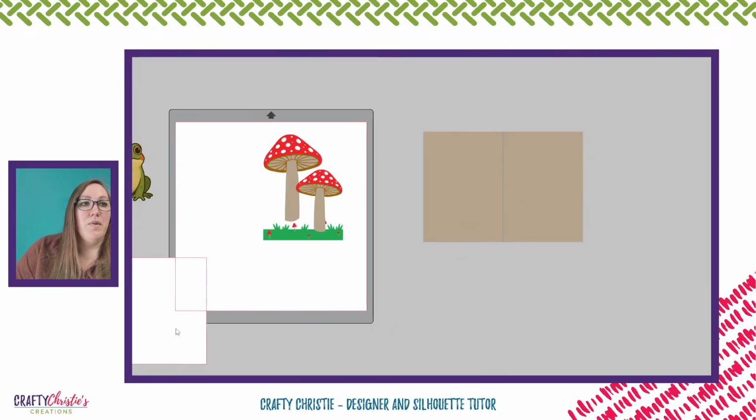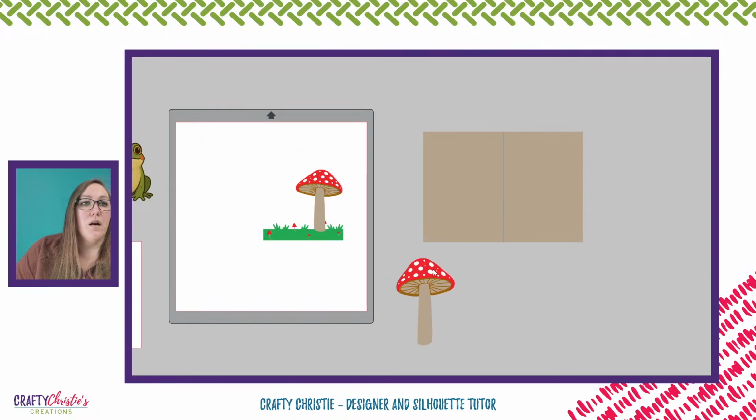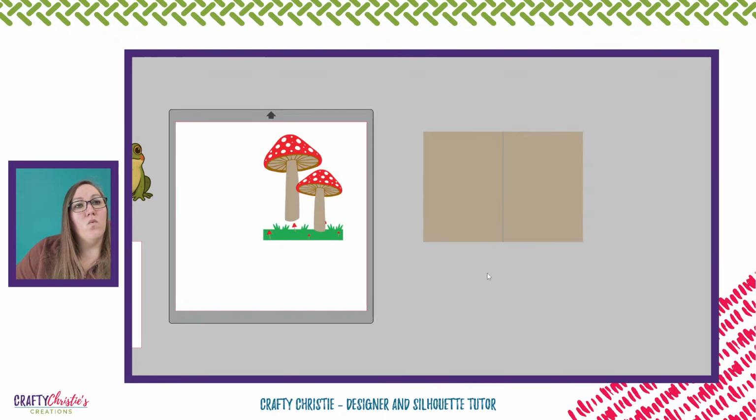We've got our inside piece here, and then we've got our... so what you can do as you're cutting things out, depending on how you want to layer all of this, sometimes I like to have a little bit more creative control, and I think that's how we're going to do it today.